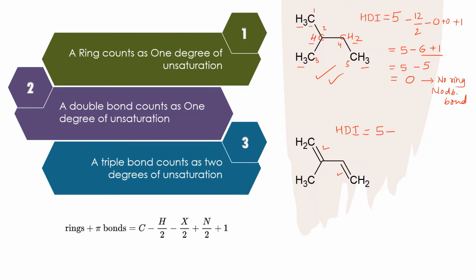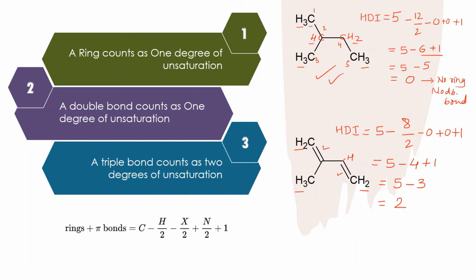The number of hydrogens is now 8, no halogen, no nitrogen, and plus 1. So 5 minus 4 plus 1, which is 5 minus 3 equals 2. So 2.